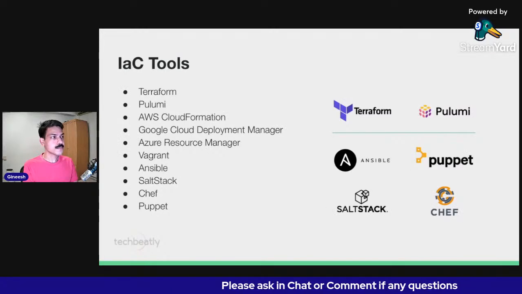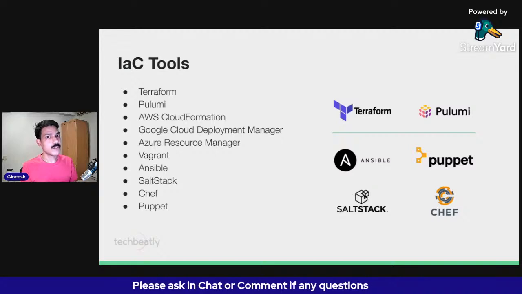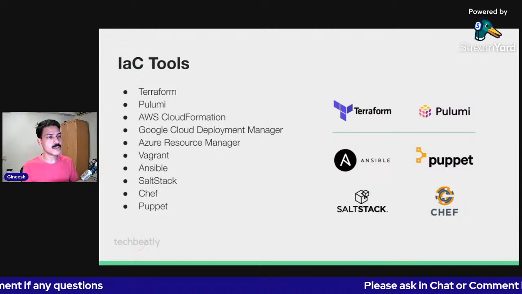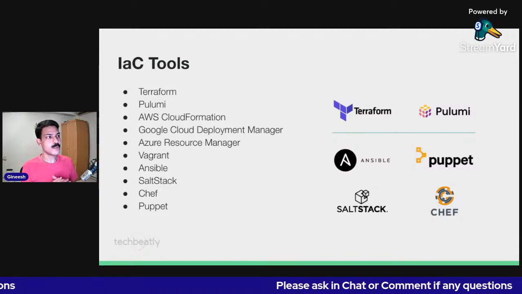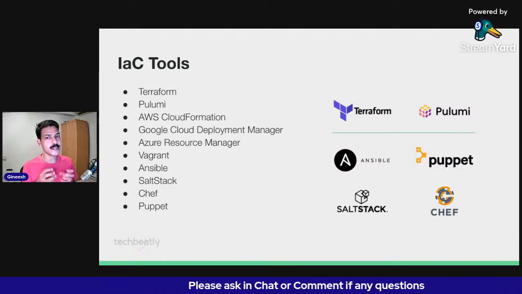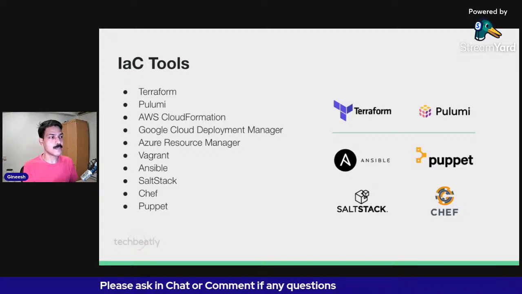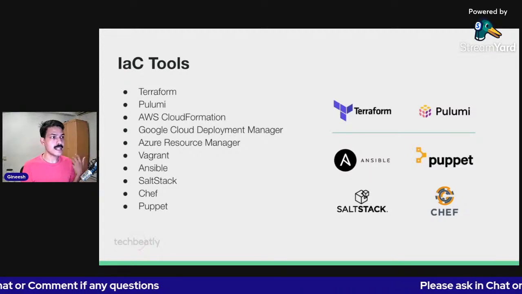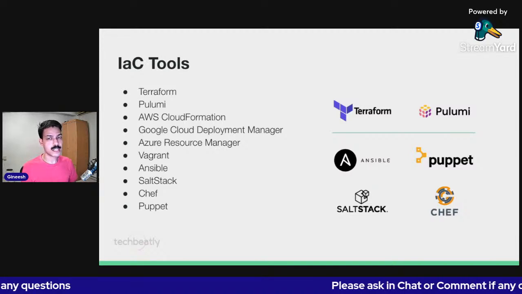We have several tools available for IaC in the market now, many actually, but these are the well-known ones. We have Terraform, we have Pulumi, then we have cloud-specific tools like CloudFormation for AWS, Deployment Manager for GCP, and ARM for Azure Resource Manager.